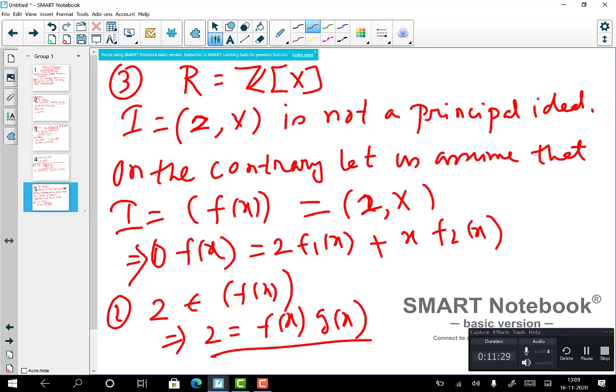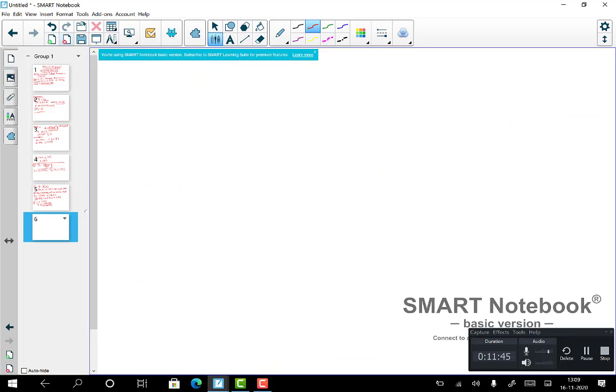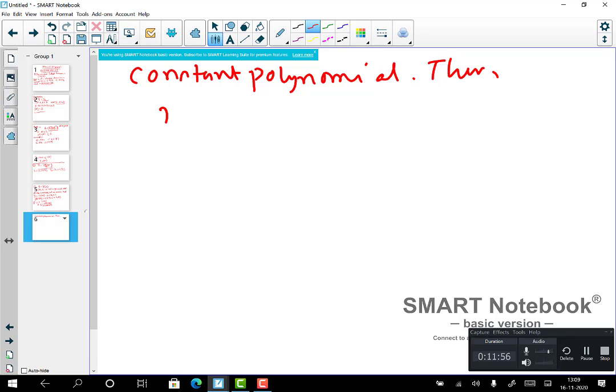And if f(x) is a constant, then you cannot generate x, right? So f(x) is a constant polynomial, and thus x cannot belong to the ideal generated by f(x).